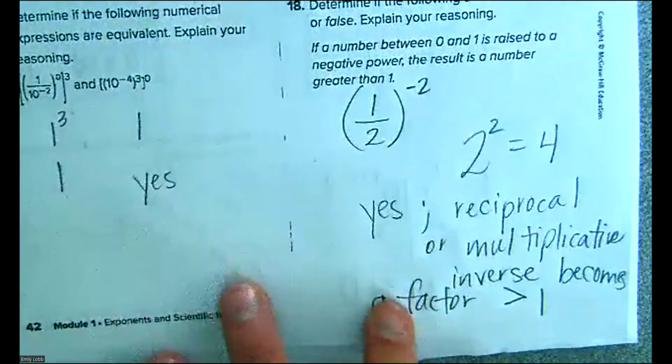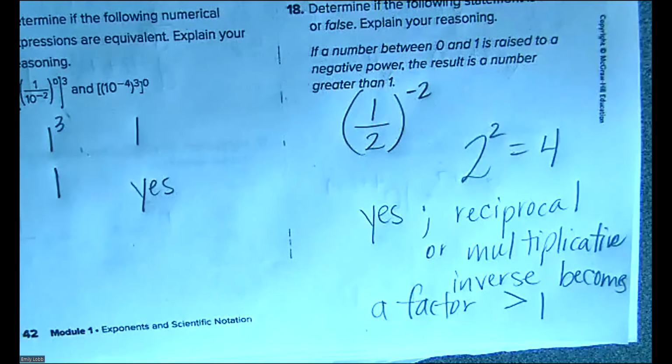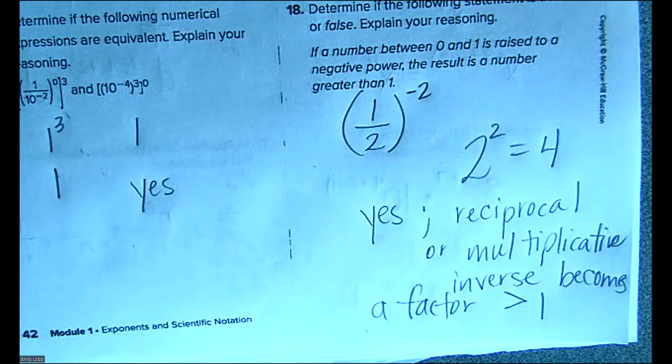So if our multiplicative inverse is a factor greater than one, whatever we raise it to is going to be greater than one. Numbers greater than one get bigger when we have exponents. Numbers less than one get smaller.